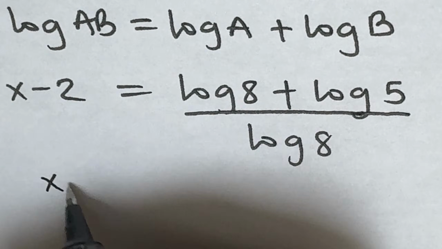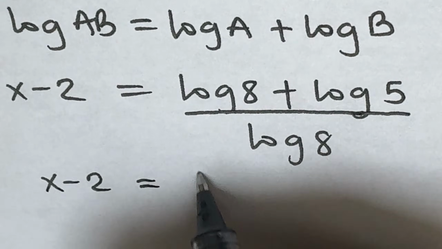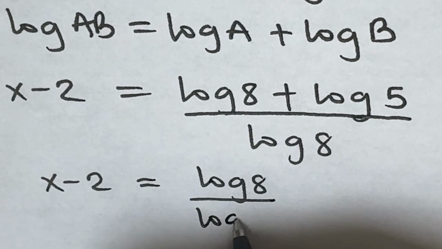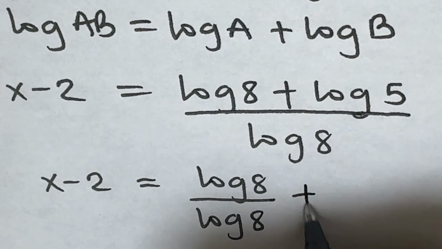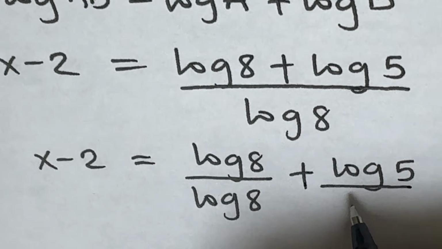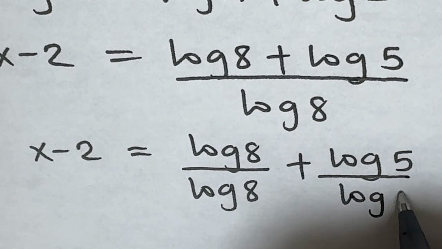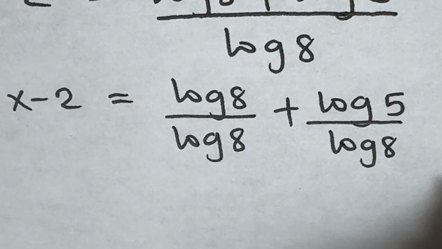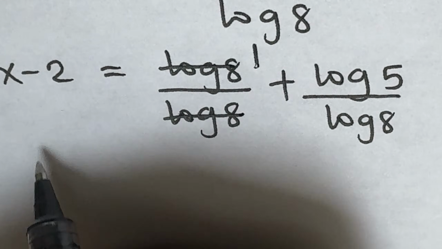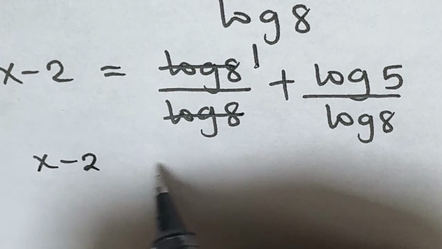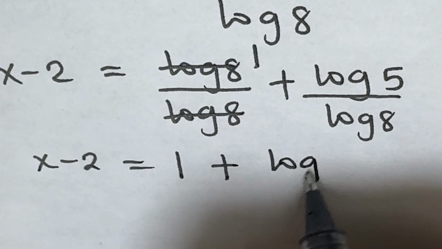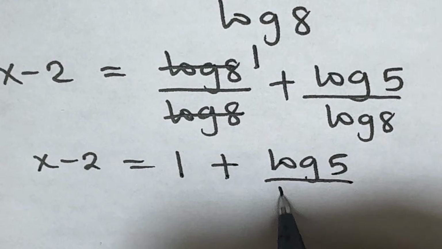So x minus 2 is equal to log 8 divided by log 8 plus log 5 divided by log 8. Log 8 divided by log 8 is 1. So we get x minus 2 is equal to 1 plus log 5 divided by log 8.